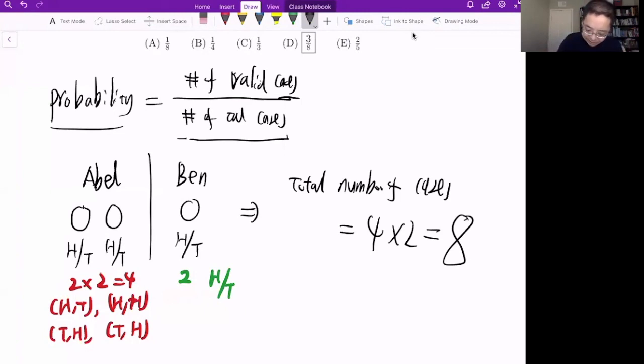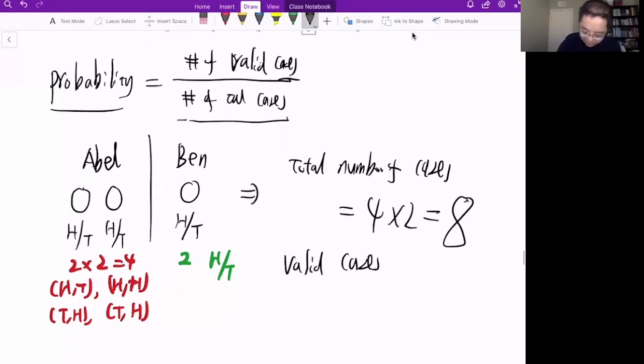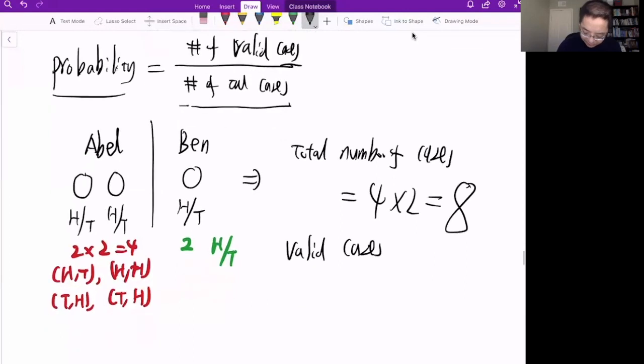Now we calculate the valid cases. Let's list out all those valid cases. One is both of them have 1 head.